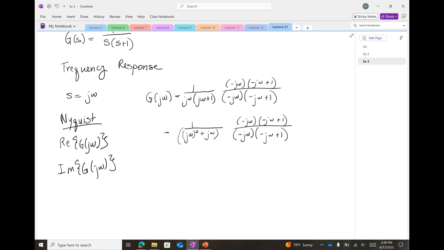Okay, so this is equal to 1 over j omega, and j squared again is minus 1. So we have minus omega squared. And if we multiply this on the top here, a minus times a minus is a plus, j squared omega squared minus j omega. Similarly on the bottom, j squared omega squared minus j omega.